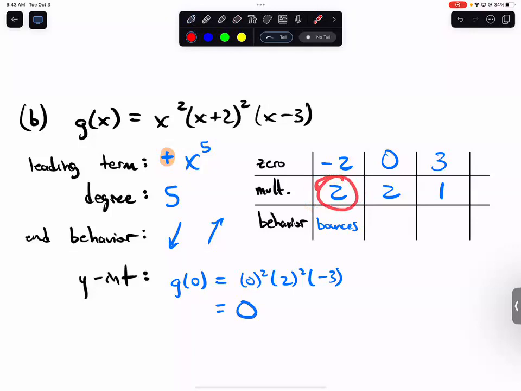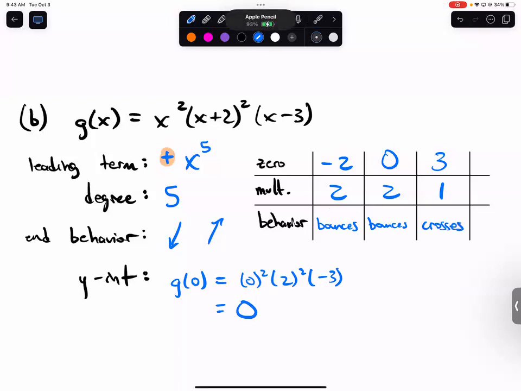If this is even, then locally, the two pieces moving away from it are going to do the same thing, which means it's bouncing off. The same thing happens for this one. And for 1, odd, locally moving away from that 0, they're going to go in opposite directions, which means it's crossing.